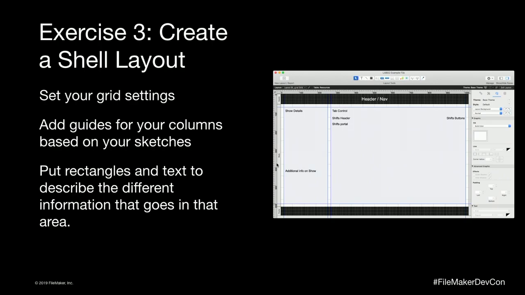I want you to add in guides so that you know where your columns are going to be. And then draw out rectangles that fit your grid and fit your guides, and start to put words like, this information is going to go here. This information is going to go here. This information is going to go here.